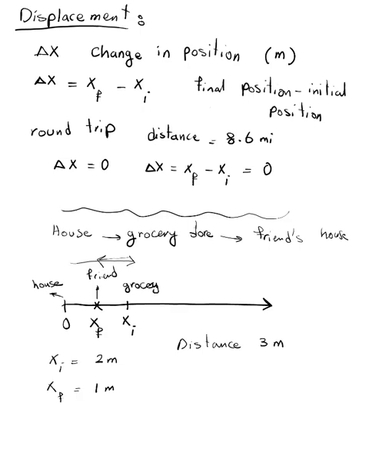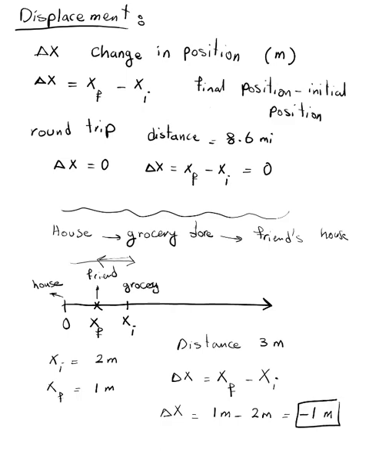But then it happens that your displacement, delta x, is x final minus x initial. So delta x is going to be 1 meter minus 2 meters, so negative 1 meter.